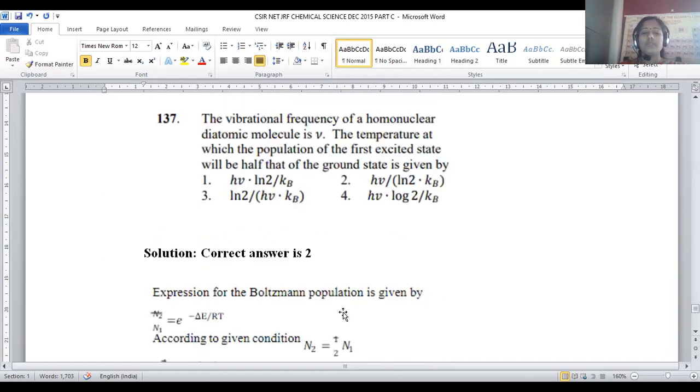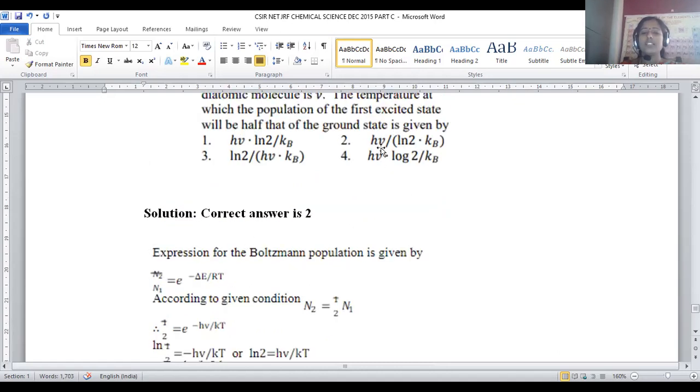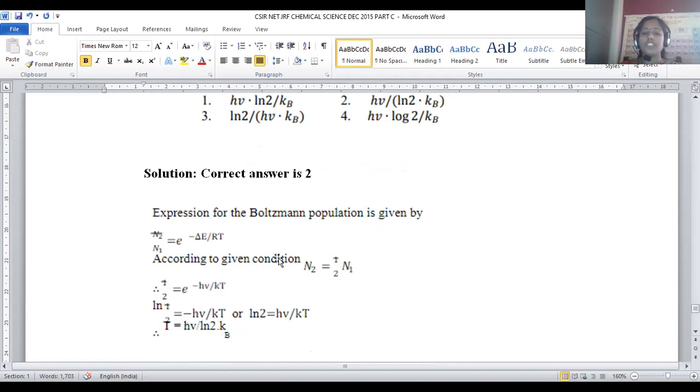Let us move on to question number 137. The vibrational frequency of a homonuclear diatomic molecule is nu. The temperature at which the population of the first excited state will be half that of the ground state is given by, right? We can derive this relation based on the Boltzmann population law.